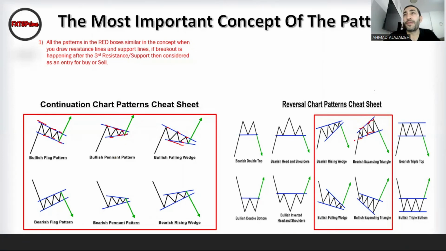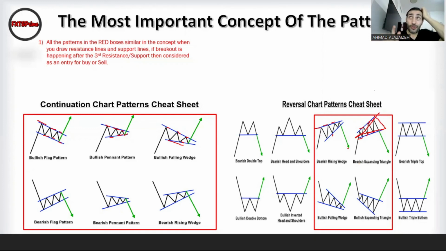So those patterns are similar, identical, the same. So all of them are triangulars. To make sure whether it is continuation or reversal, you need to know the location on the market stages.